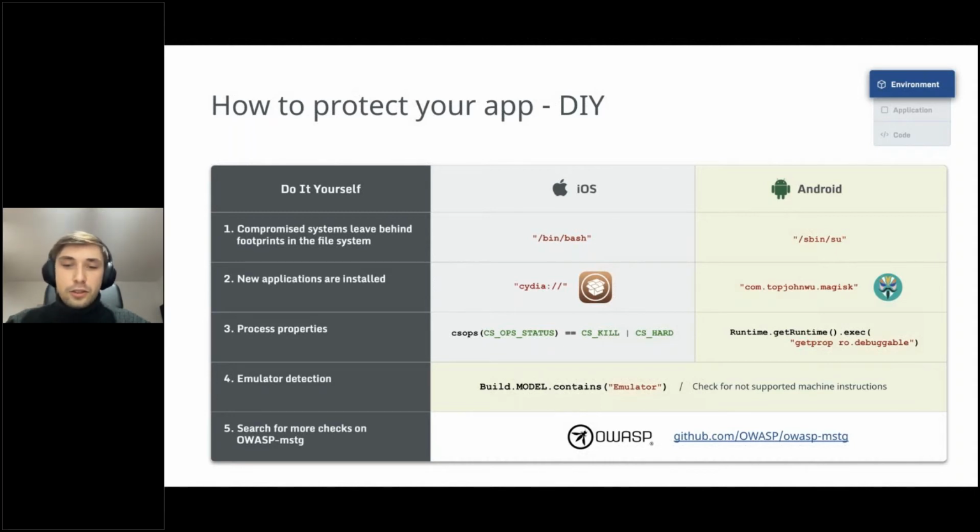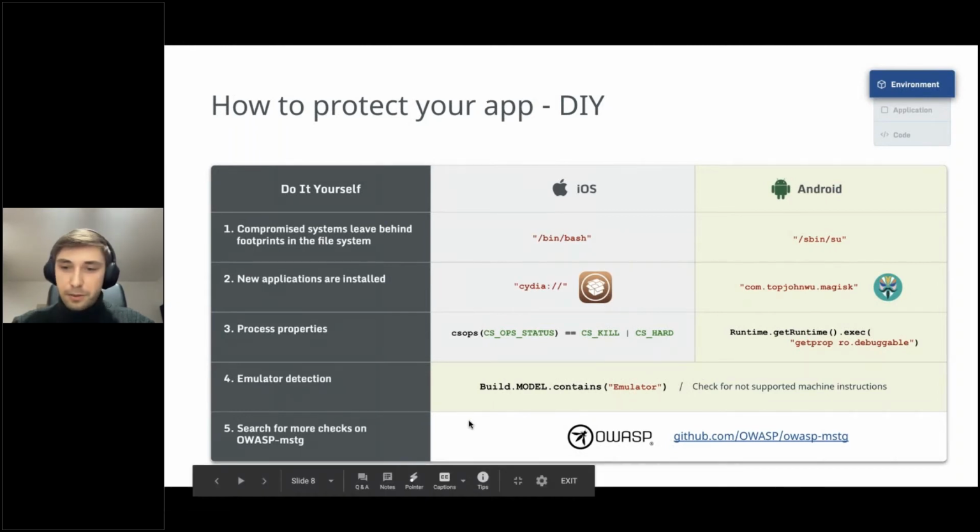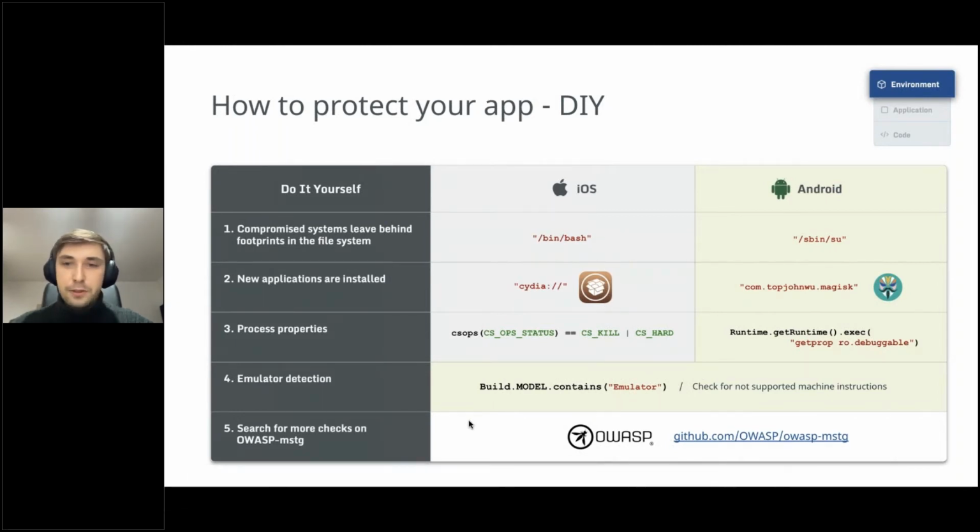Not all of the instructions are implemented on emulators as they are on normal processors, so you can compare the behavior of your application when it executes those instructions. For more checks, I recommend going into OWASP MASTG. They have a few more examples for your app.